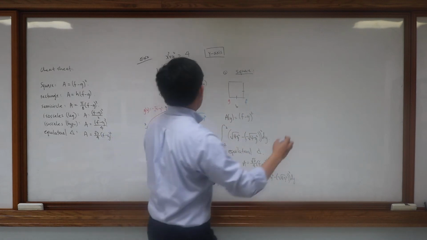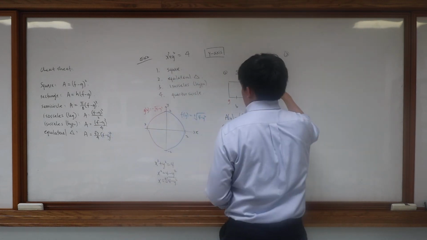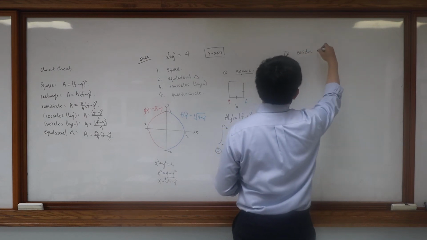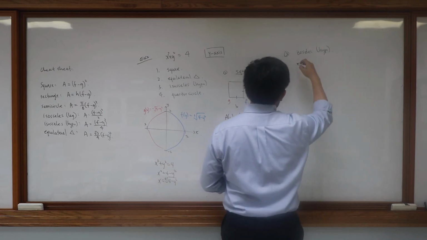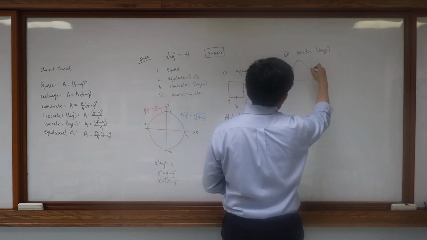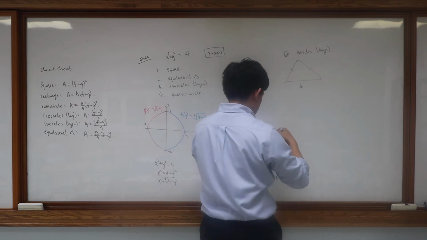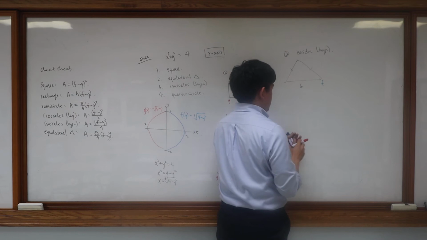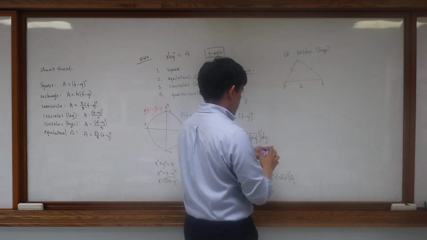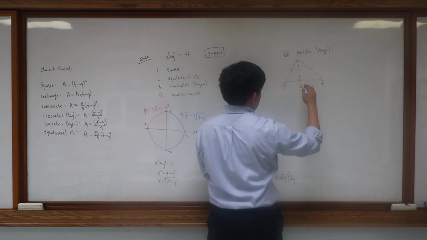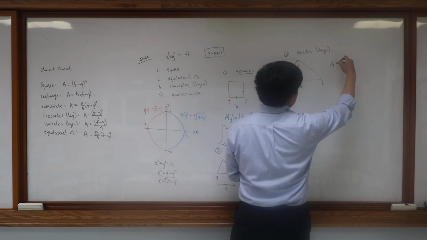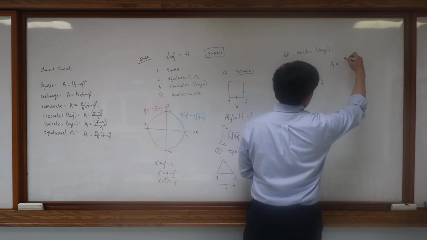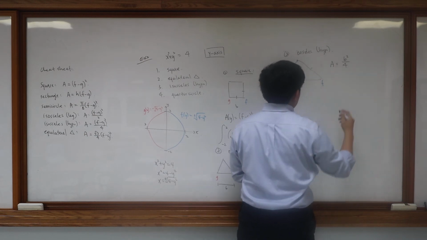Okay. Number 3, we have isosceles triangle with the hypotenuse. In that case, it looks something like this. So this is my base. I have f here, and I have g here. In that case, my formula for area is equal to base squared divided by 4.